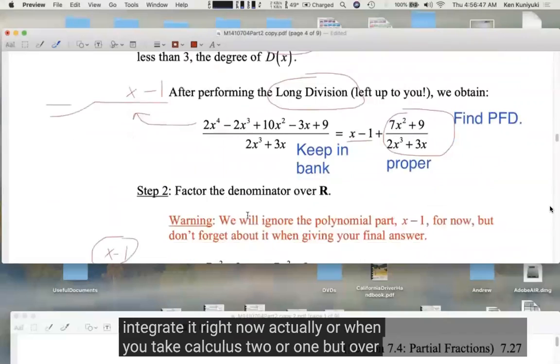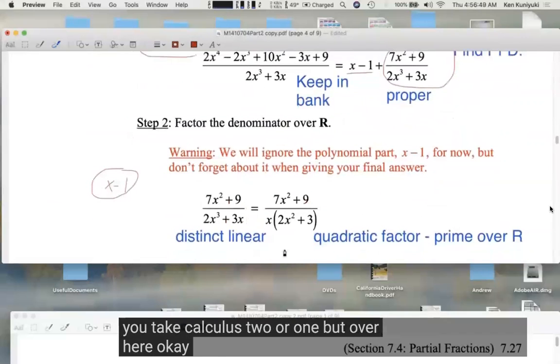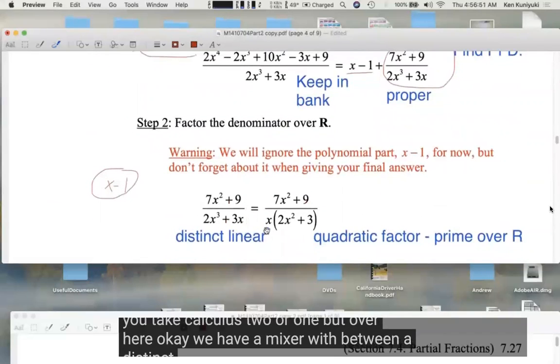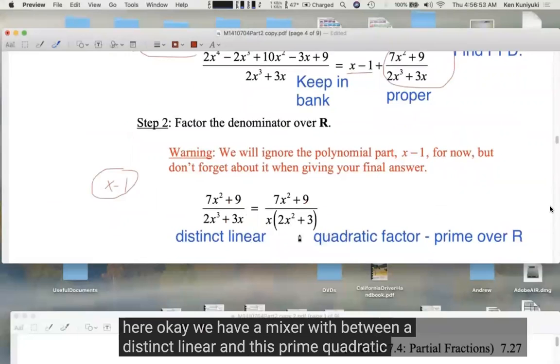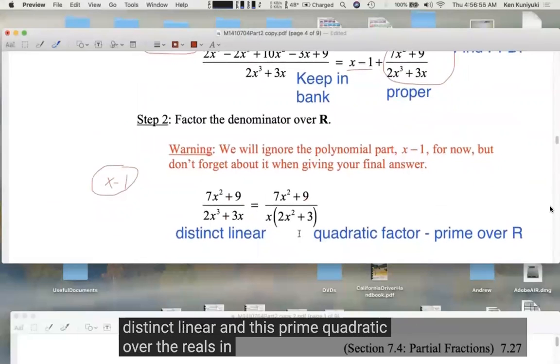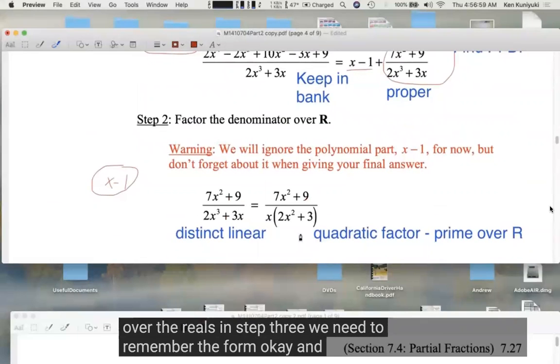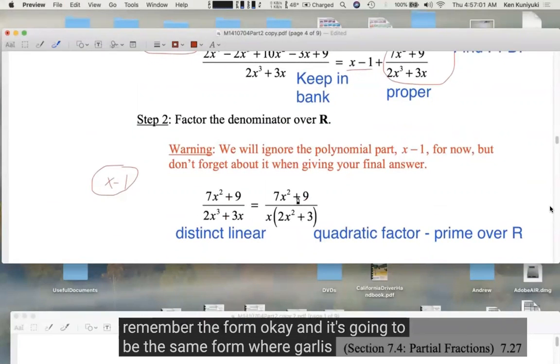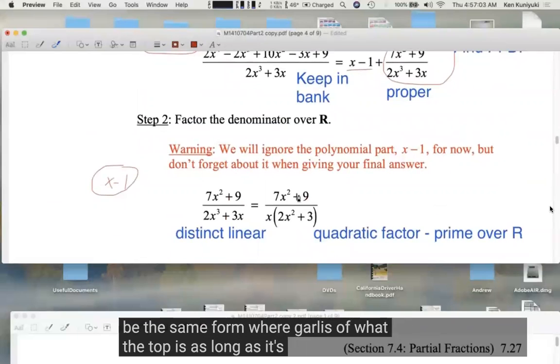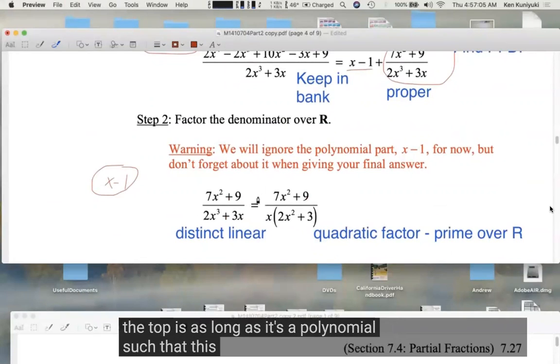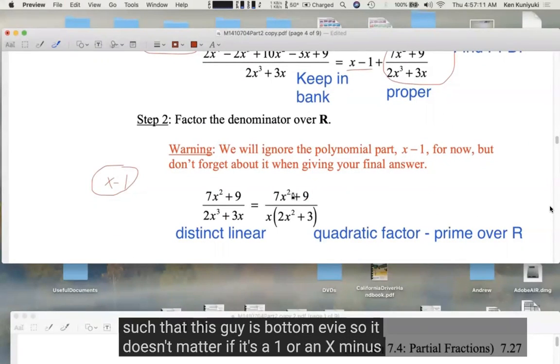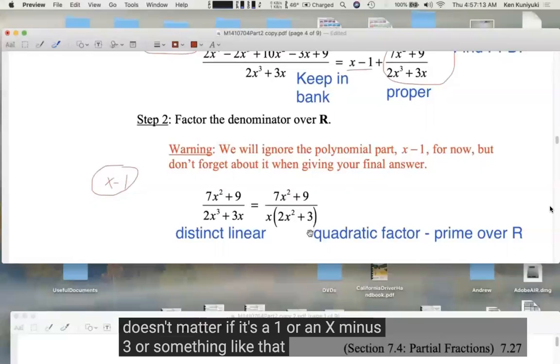But over here, we have a mix between a distinct linear and this prime quadratic over the reals. In step 3, we need to remember the form. And it's going to be the same form regardless of what the top is, as long as it's a polynomial such that this guy is bottom heavy. So it doesn't matter if it's a 1 or an x minus 3 or something like that.